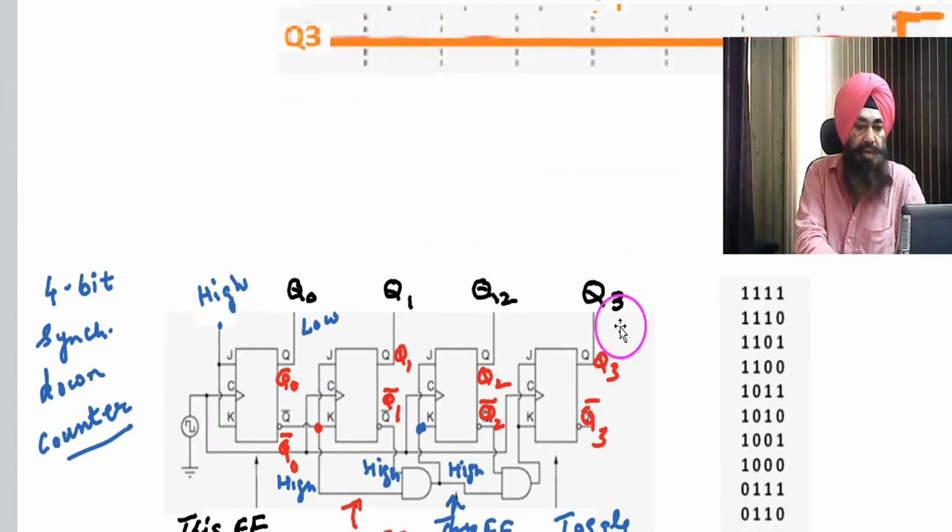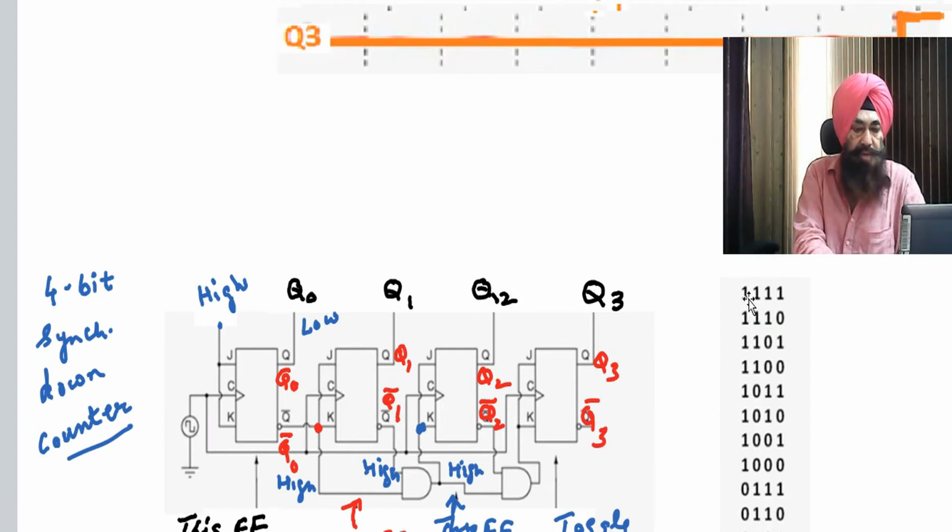Now let's count for the down counter. We start from the reverse order, from the highest value, which is 15, you see. The highest value: 2 raised to power 0, 2 raised to power 1, 2 raised to power 2, 2 raised to power 3. So this is 8.